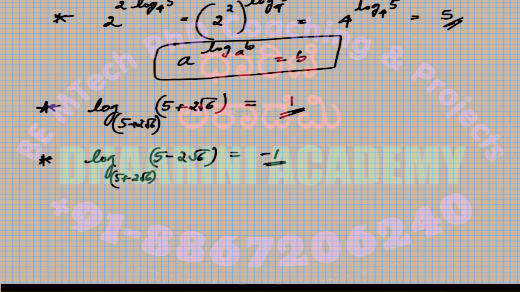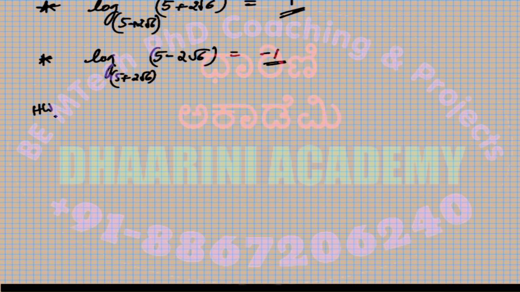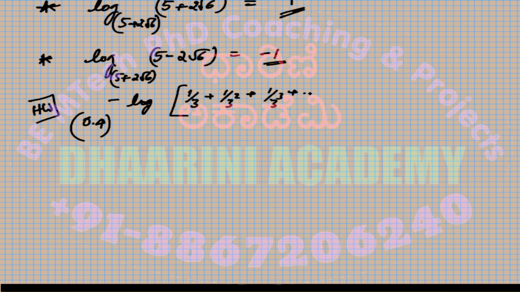Okay, then we have one homework question to solve. The question is 0.4 raised to the power minus 2 times minus log of 1 by 3 plus 1 by 3 square plus 1 by 3 cube, all the terms till infinity, to the base 2.5.